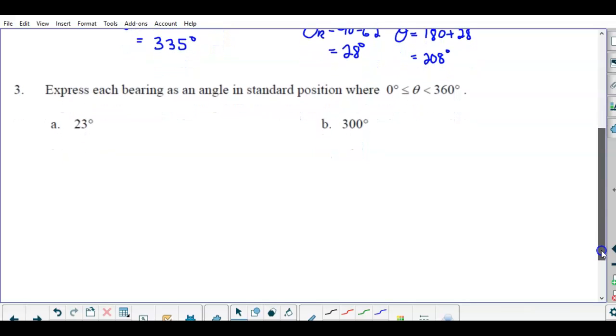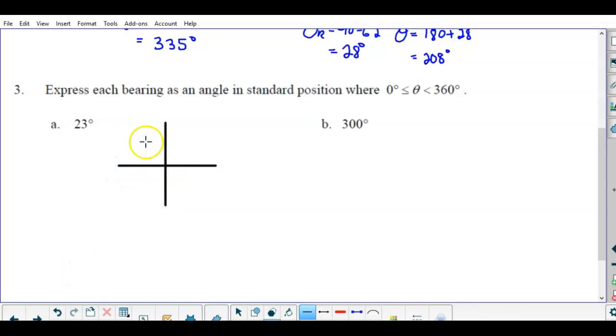And then each bearing, so what's a bearing? Again, we'll do some more with this. If I think about my coordinate grid, a bearing always starts from north, basically.